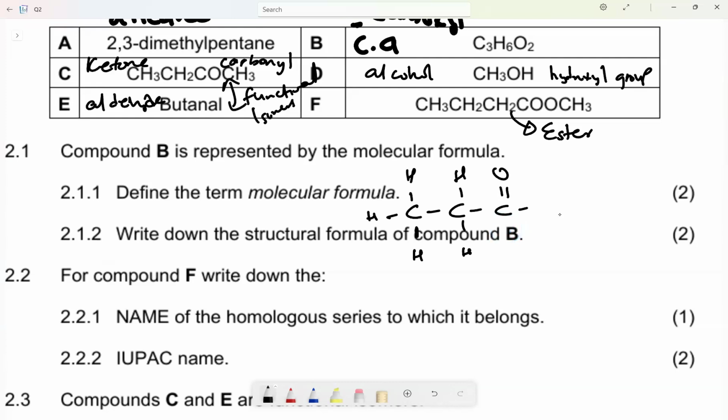Double bond O, O, H. Am I having six hydrogens? 1, 2, 3, 4, 5, 6. Yes. Three carbons. 1, 2, 3. Yes. Two oxygens. 1, 2.